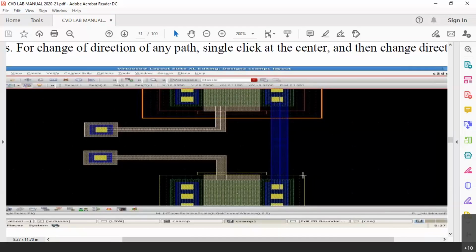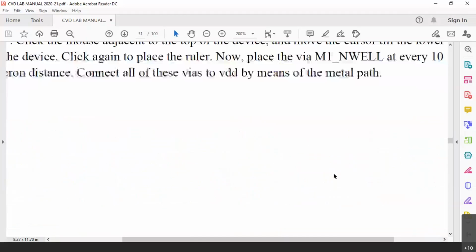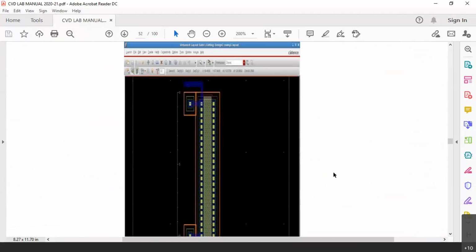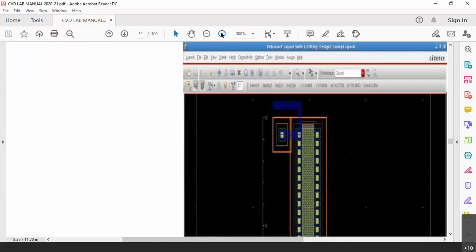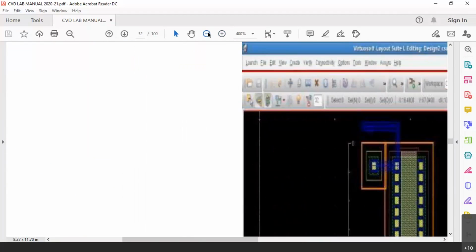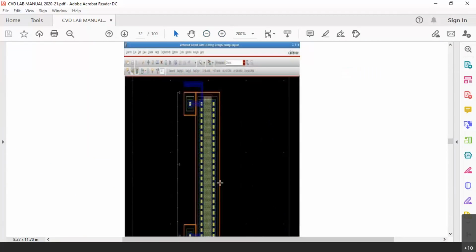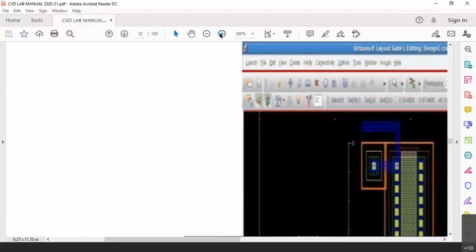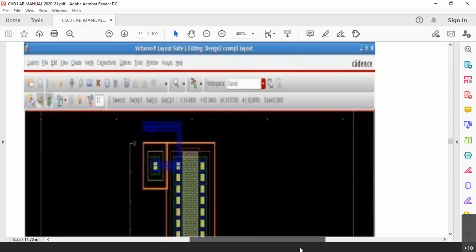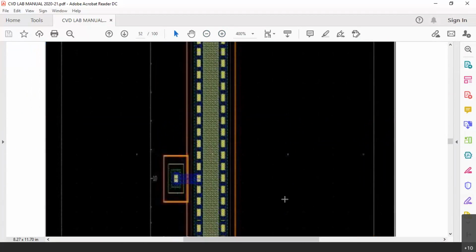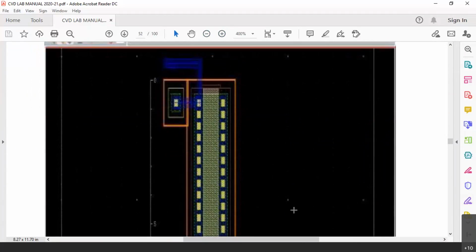Now let us see how to make the other connections. Let me zoom further. You can see this PMOS is such a big device now.